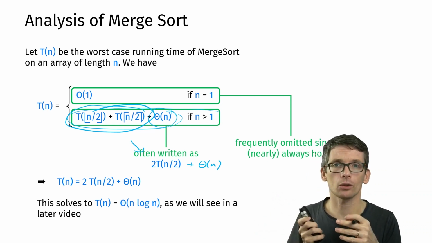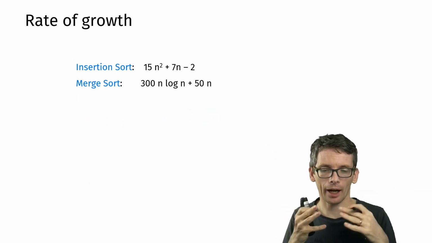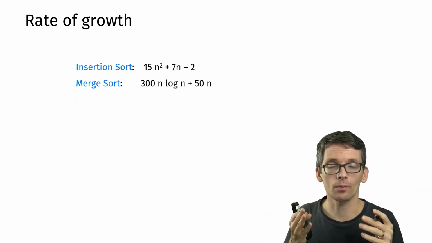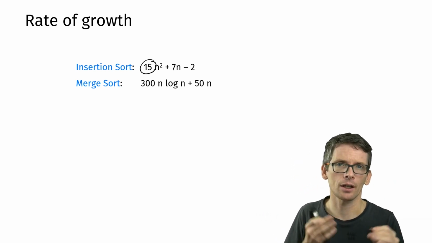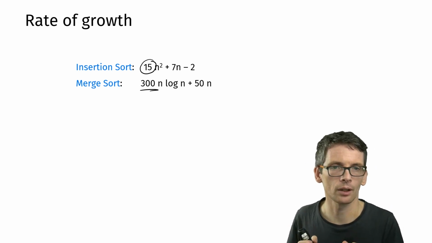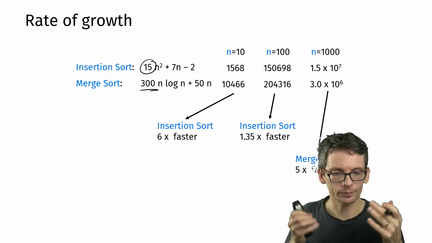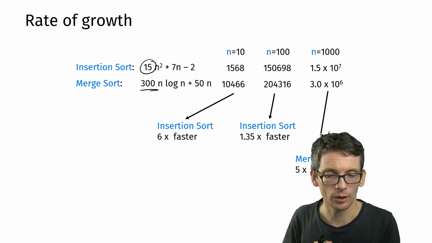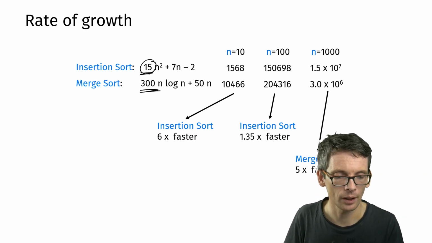Just as an illustration, let's compare insertion sort and merge sort, and I've made up some constants here. Let's assume insertion sort is very fast in the sense that it has very small numbers here, while merge sort has big numbers, which is somewhat realistic. Then, of course, for small n, insertion sort might be faster, because it matters more that there's a 15 here relative to the 300.